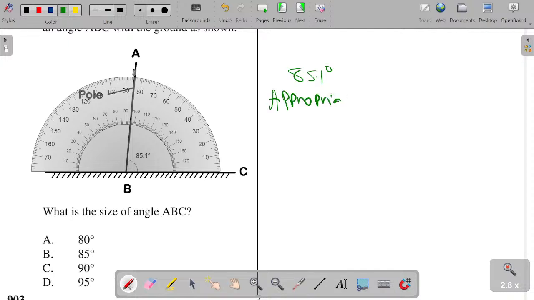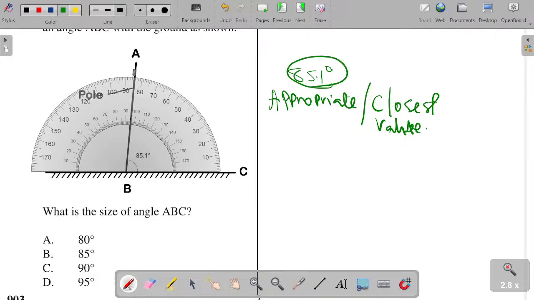You pick the most appropriate or closest value. So if I had 85.1, the closest reading to 85.1 is 85. That is the closest reading to 85.1.